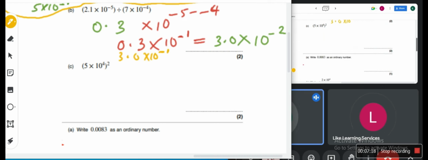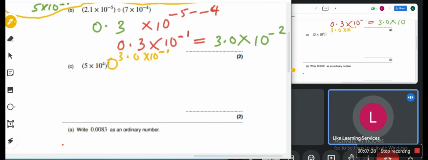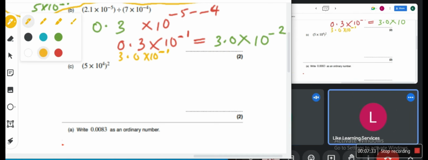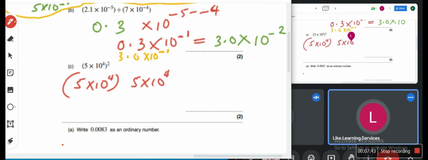Anyways, as I was saying, you multiply these two by each other. 4 times 2, right? Yeah. Interesting. You know, because it's the same thing as saying 5 times 10 raised by 4 times again 5 times 10 raised by 4. That's multiplying itself. You know now, that's what it means.